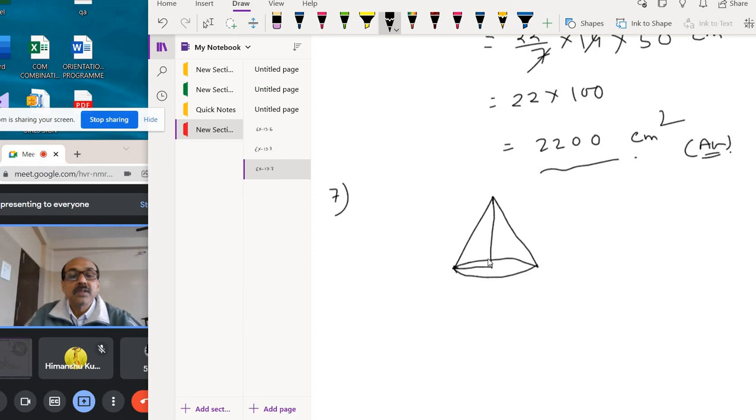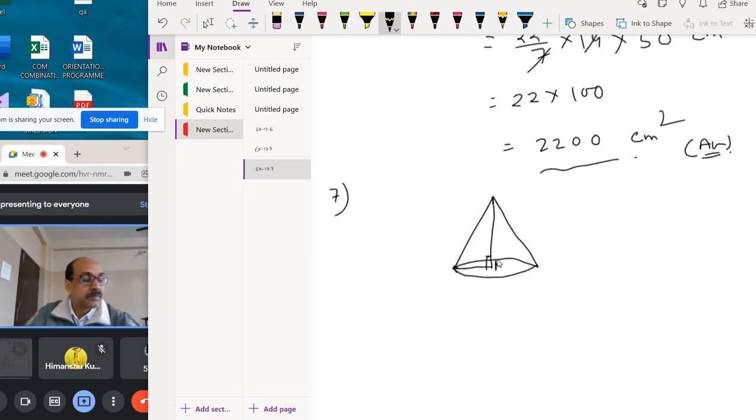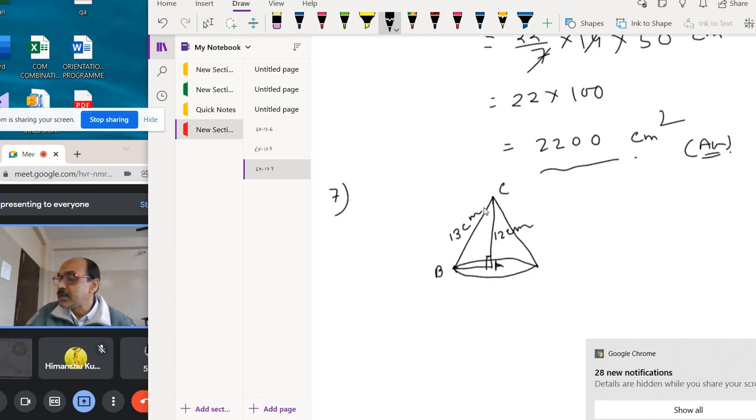This angle is 90 degree. This is 12 centimeter, this is 13 centimeter, and this is 5 centimeter.